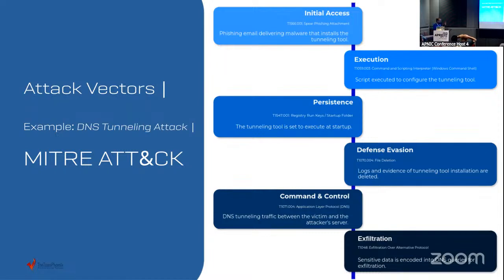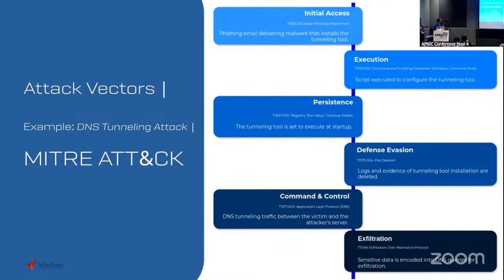So these 6 tactics each have a number, like T1547 and then 001, and after that number, it has a separate tagline. Initial access, execution, persistence, defense evasion, command and control, exfiltration: these are tactics.